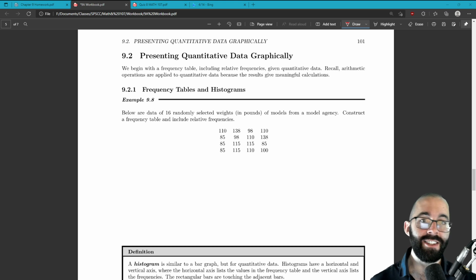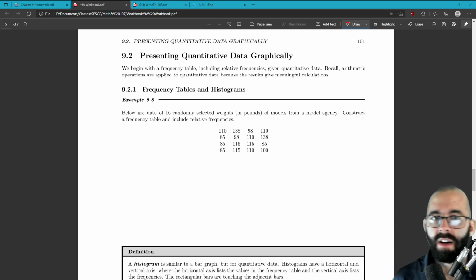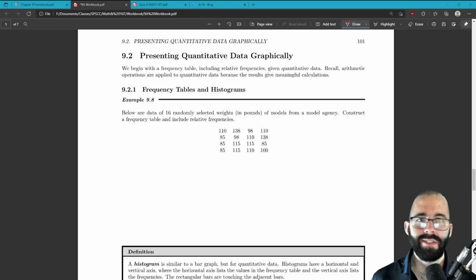One of the best ways is not quantitative data, which is not just numbers. Quantitative data is numbers on which meaningful arithmetic operations can apply. So a zip code is not quantitative, even though zip code's a number. The average zip code is not really a quantity that makes sense.